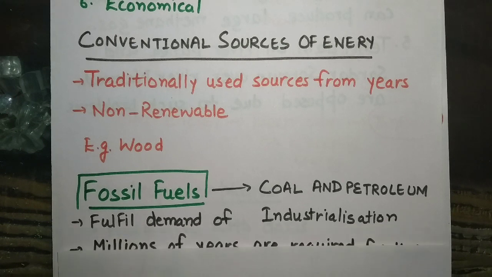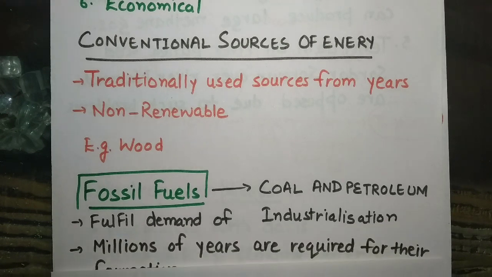The main ones are coal and petroleum, but the problem is that these took millions of years for their formation. So these cannot be renewed easily, and cannot be considered a good source of energy.